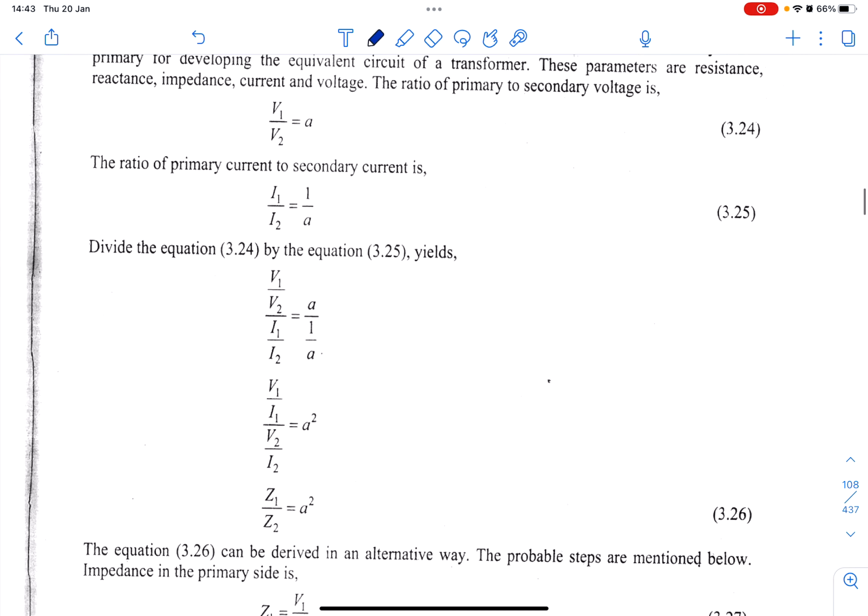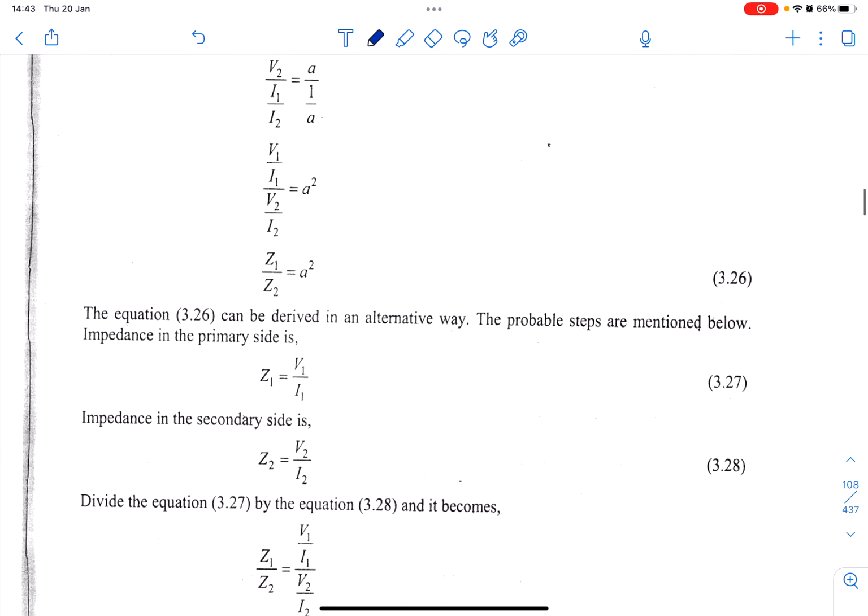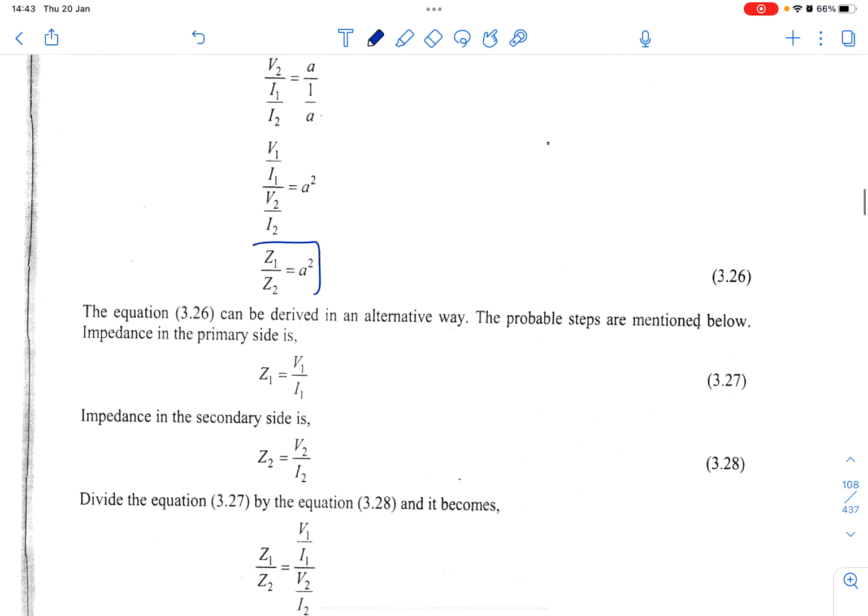So if you look at this formula, I believe you already have seen this equation where this is the turns ratio of a transformer from primary to secondary. This is for voltage and this is for current, and this is for impedance. So Z1 divided by Z2, you should have the turns ratio equal to A square.